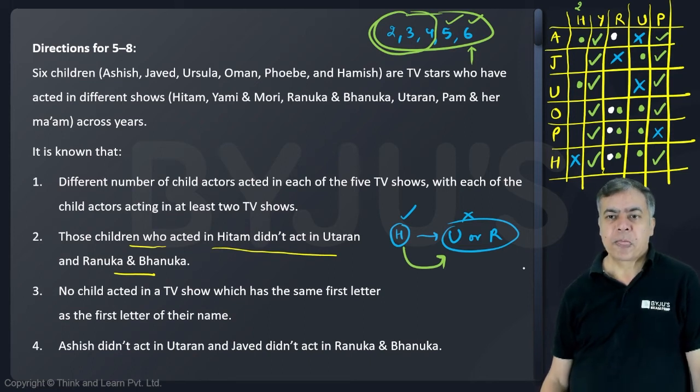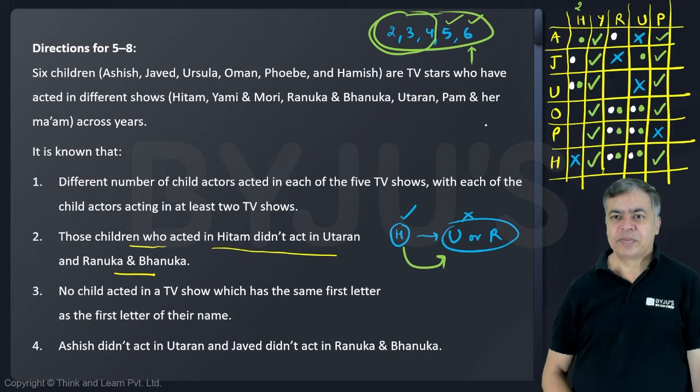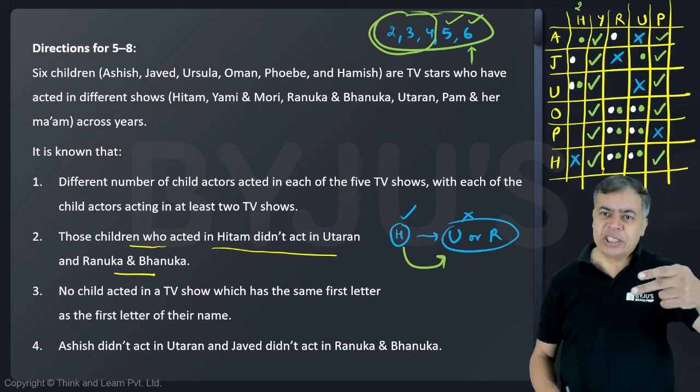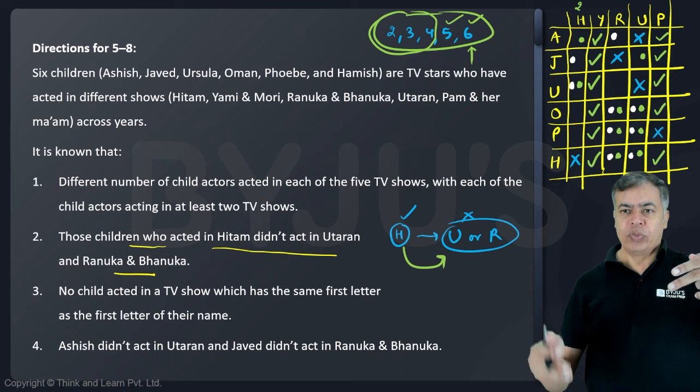If I've taken 4 here, where can I take 3 for U? It must be here because H can now be here only. For white circles, this is a different case. So H is 2 now, R is 4, U is 3.